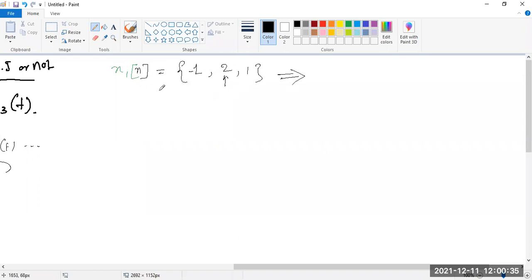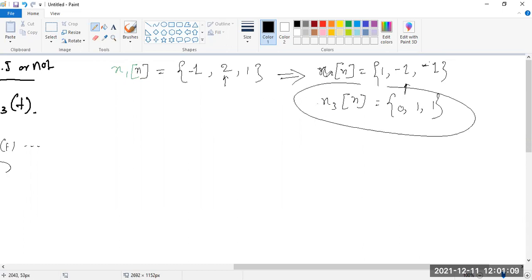We have to express x2 and x3 in terms of x1. x2[n] is 1, -1, -1 in this portion. x3 is also 0, 1, 1. So if we have to take either x3 or x2, how could we do this in terms of x1?